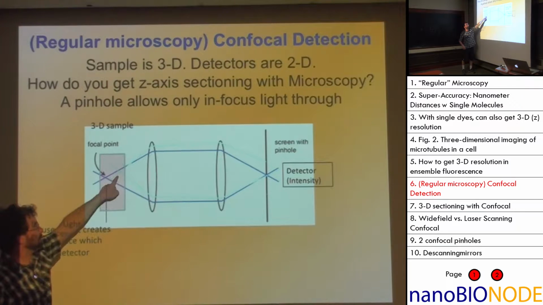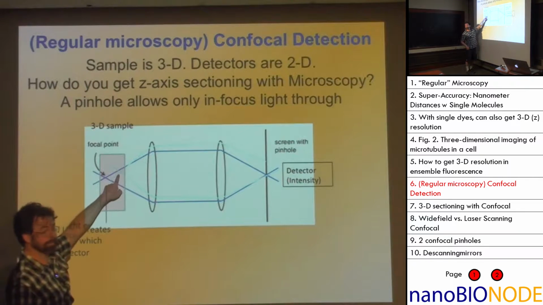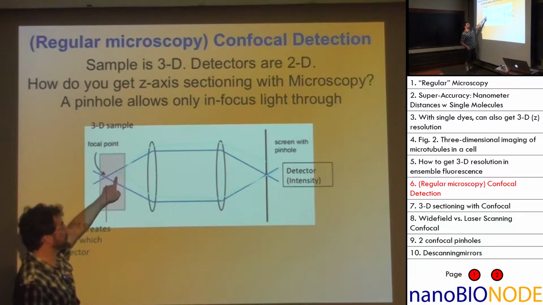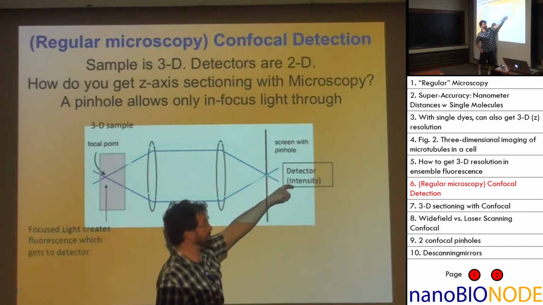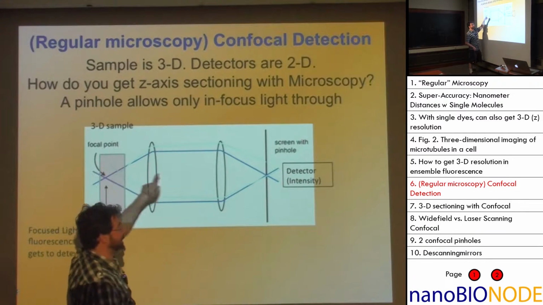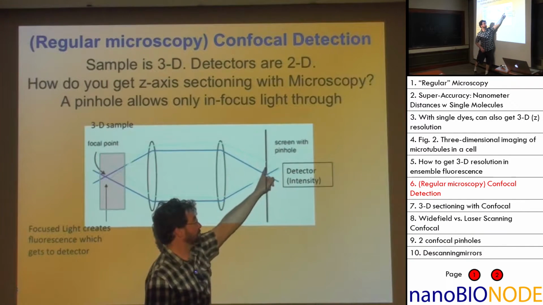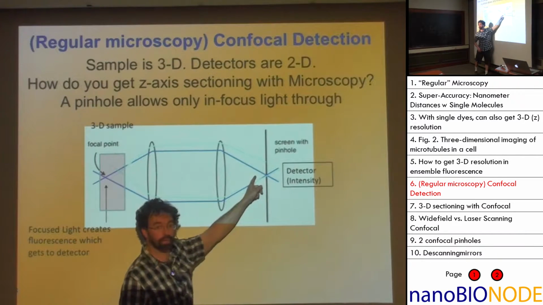Well, a point here will, yes, show up right along here, but in general, it won't show up right along this axis. It'll either show up here or there.